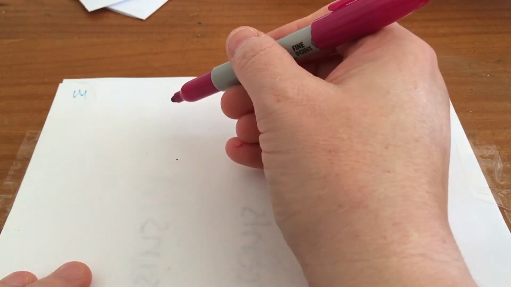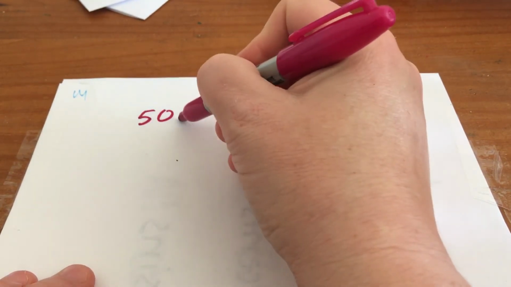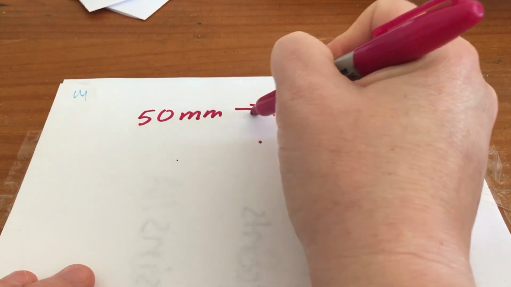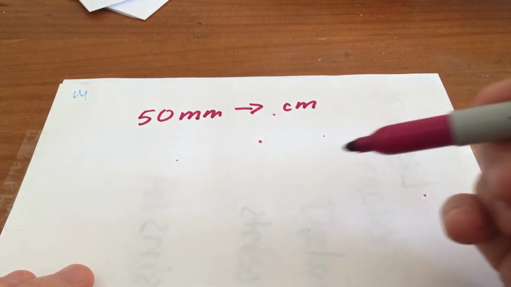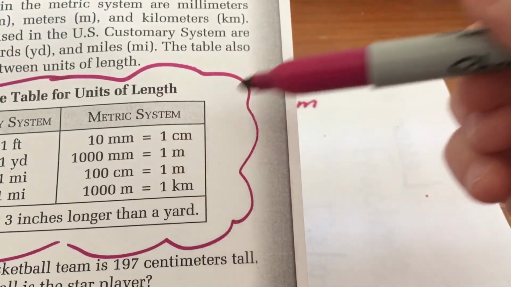So let's do 50 millimeters to centimeters. Okay, let's look on here. We're going from 10 millimeters equals 1 centimeter.